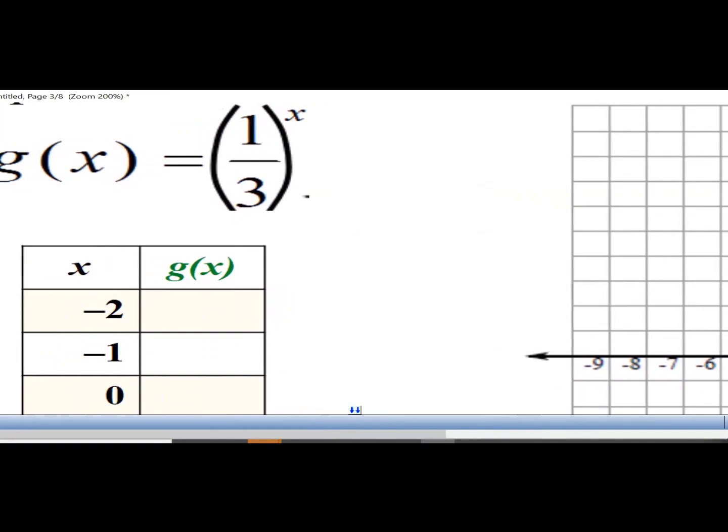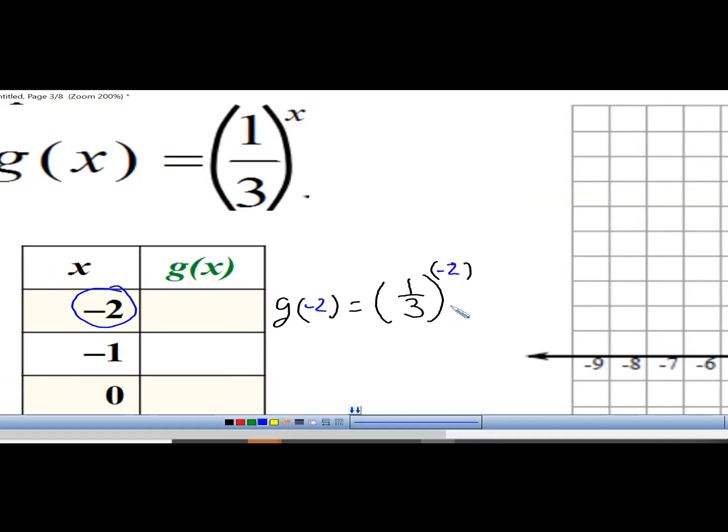Okay, so I'm going to write g of x equals parentheses 1/3 and then a blank for the exponent. So I'm going to use blue. So I'm going to substitute -2, -2, -2.